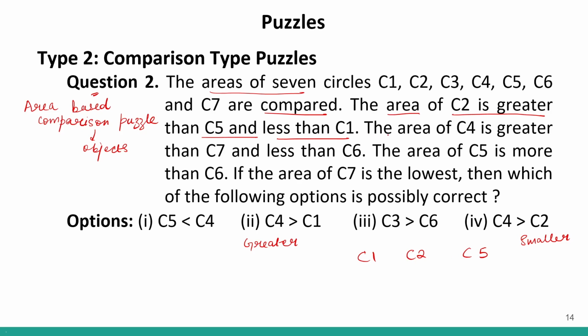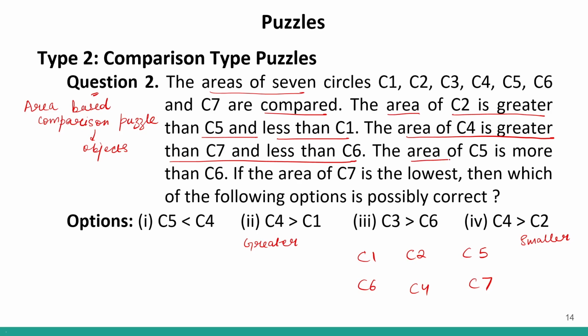Correct? Now another piece of information says the area of C4 is greater than C7 and less than C6. So this information will come like this.